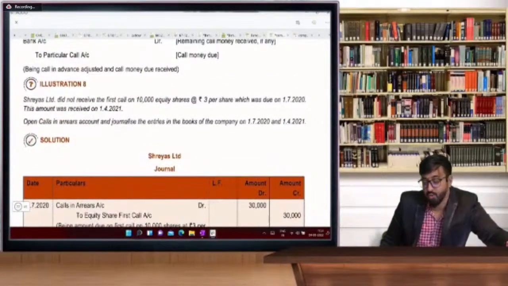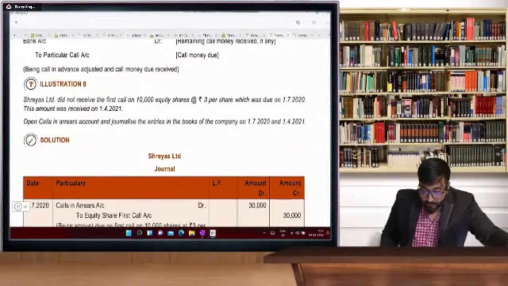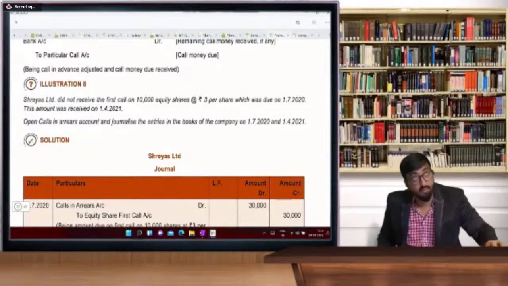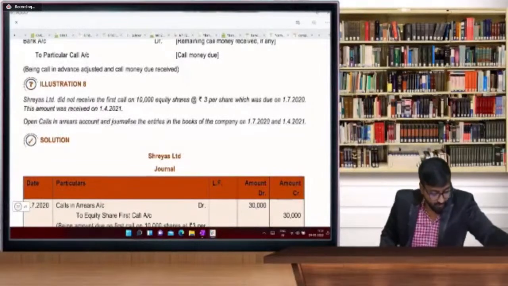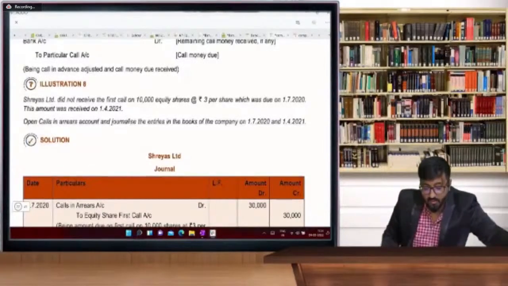Shreyans Limited did not receive the first call on 10,000 equity shares at rupees 3 per share.